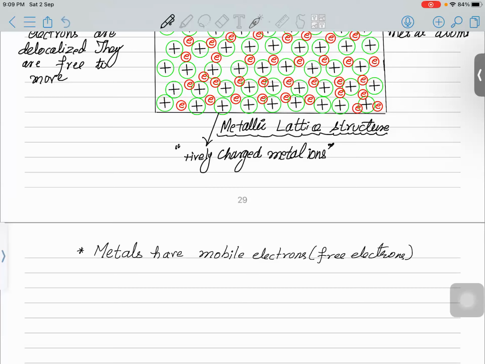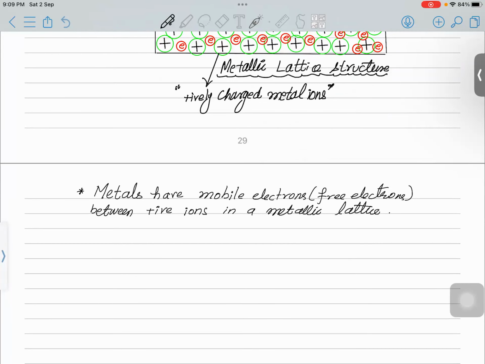Metals have mobile electrons between positive ions in a metallic lattice, known as a sea of delocalized electrons.